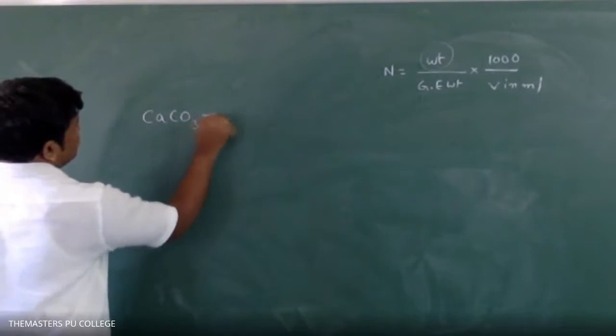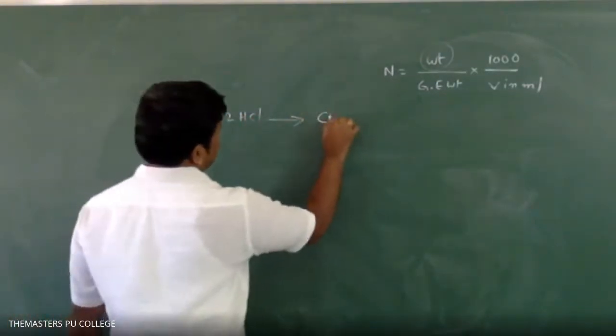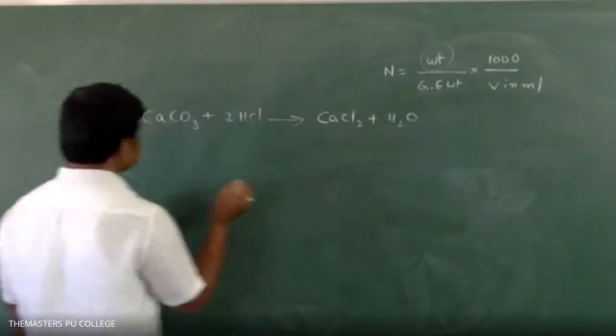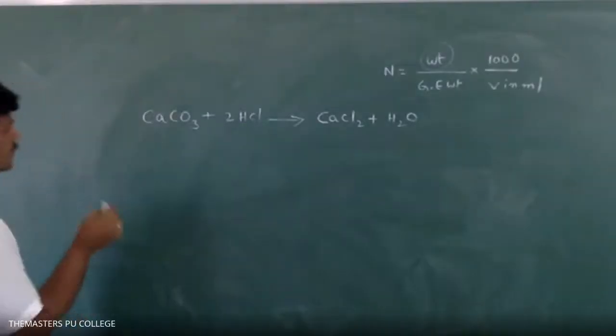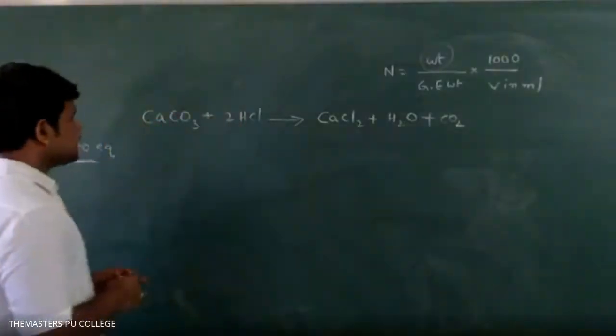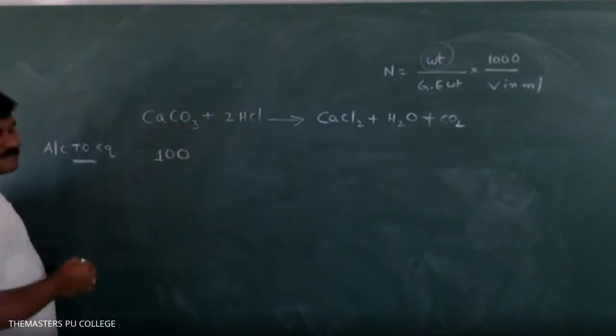CaCO3 plus 2HCl gives CaCl2 plus H2O plus CO2. According to the equation, this is 100 grams. The CaCO3 molecular weight is 100 grams.